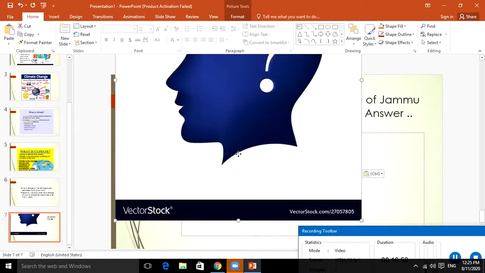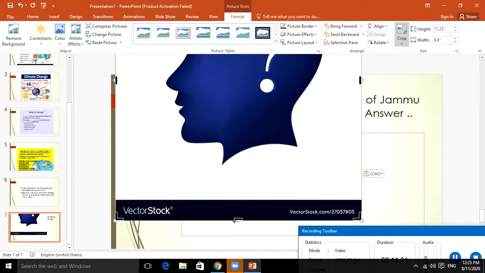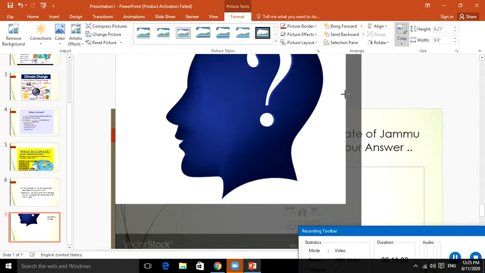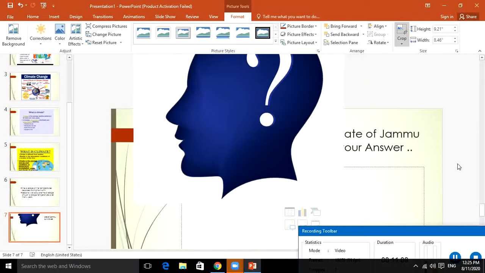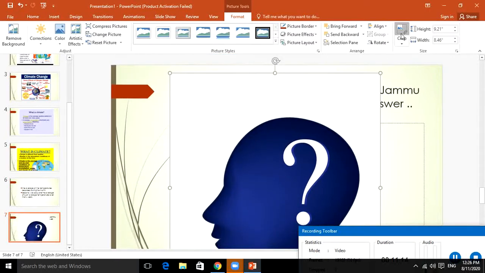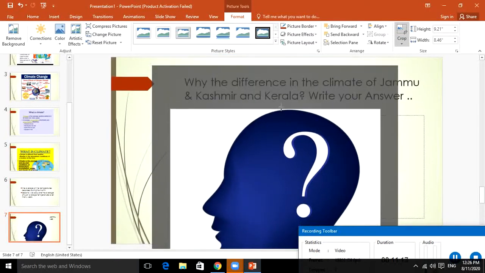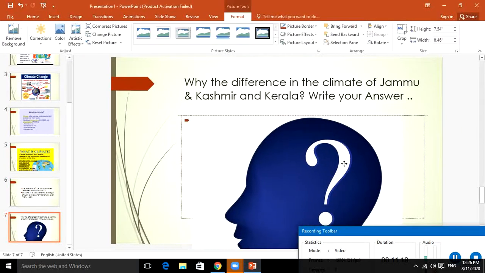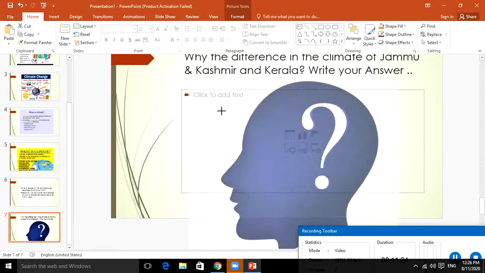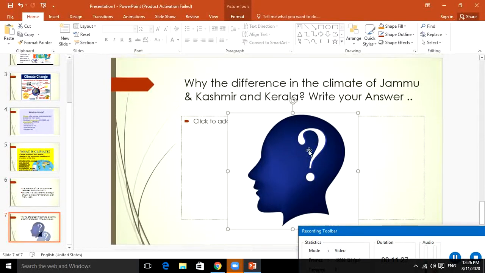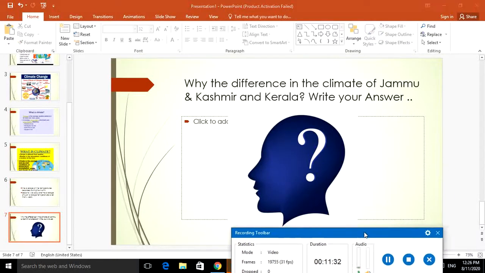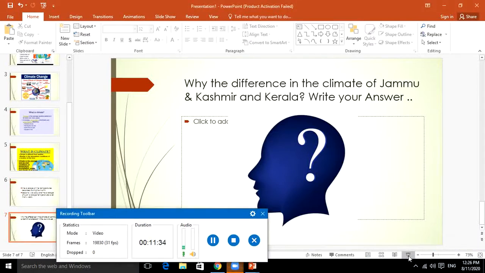All of you write this answer in your copy, and that will be more important. Think and write about it. That is your part. Think about why there is a difference in the climatic conditions of Jammu and Kashmir and Kerala.